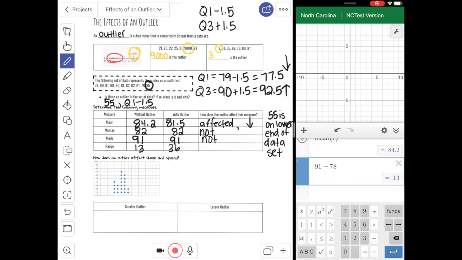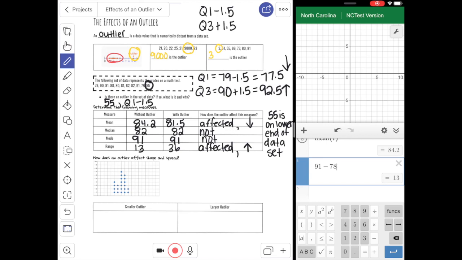And the range is the maximum minus the minimum. Without the outlier, our minimum, because it's on the lower end, was only 78. When we put the outlier in, the minimum is now 55. So it did affect it. It caused the range to increase. Why?